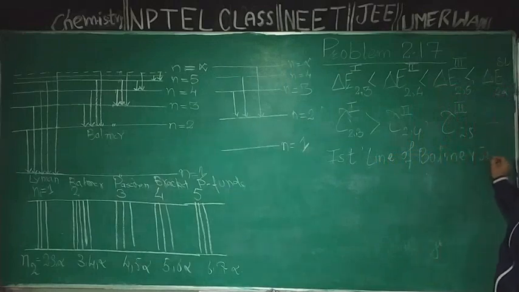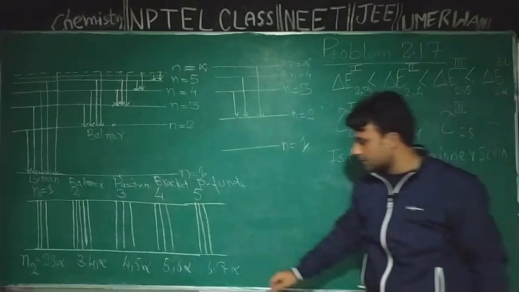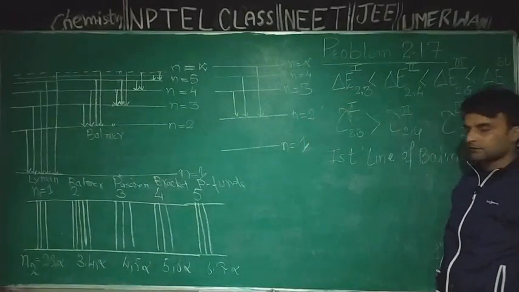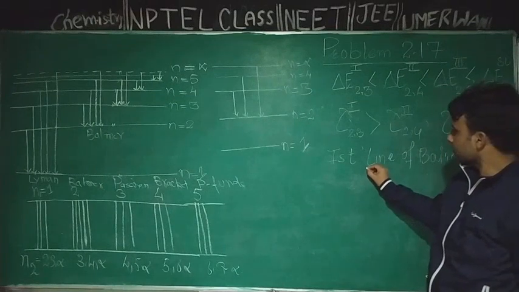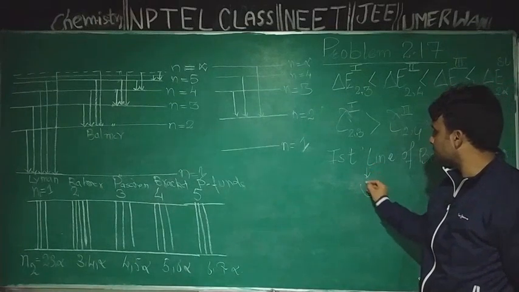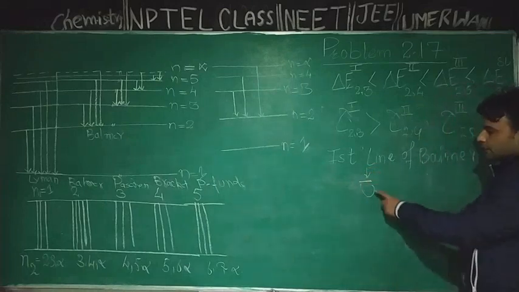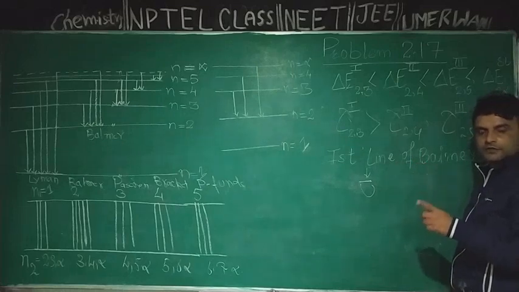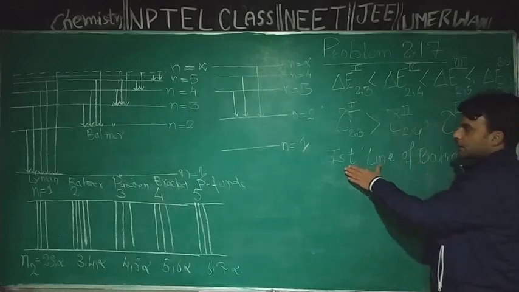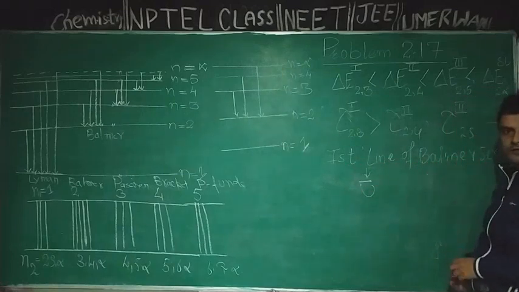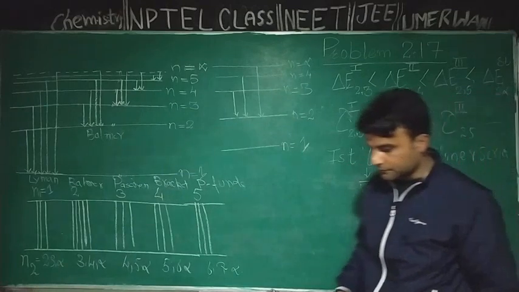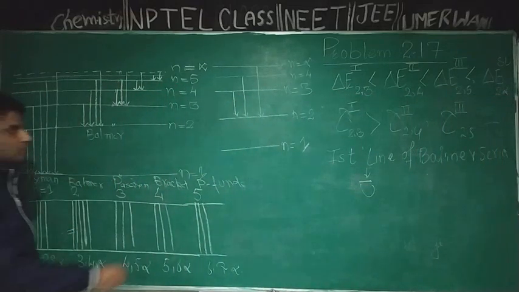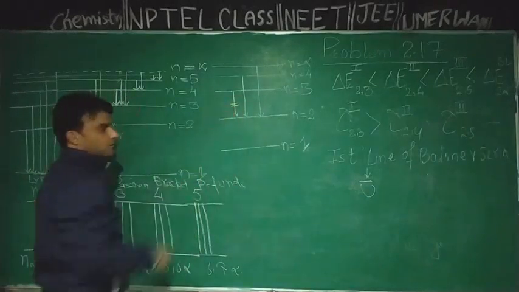Now I am in a position where I can identify what I have to calculate. I have to calculate the wave number of the longest wavelength transition in the Balmer series of atomic hydrogen, and that corresponds to the first line of the Balmer series.